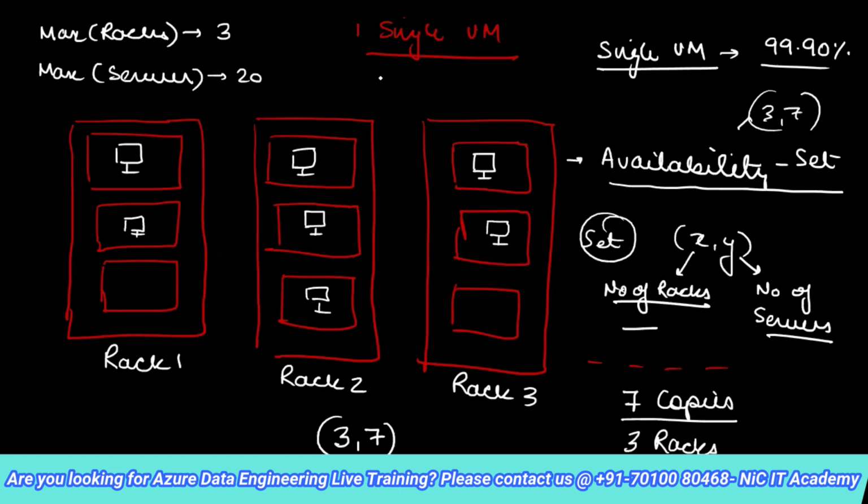So the biggest set that I can create is 3 comma 20. That means on 3 racks I have created 20 copies. Clear? This is the concept of availability set. So by adding redundancy, we are increasing the availability. Is that clear to everybody?